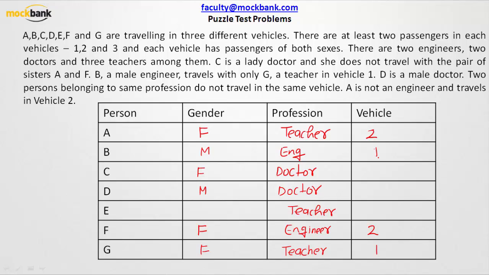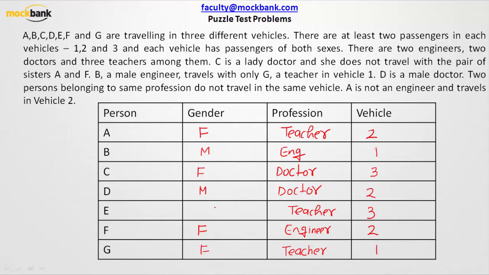So D for sure is going to be in vehicle number 2. Why in vehicle number 2? Because there has to be 3 persons in vehicle number 3 now. You need to understand this. One is a teacher, one is a doctor, and the other is an engineer. Now the rest of the persons are going to travel in vehicle number 3.